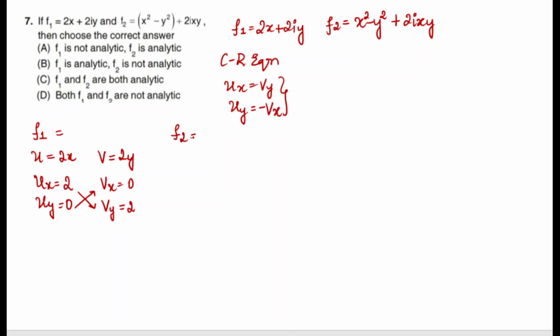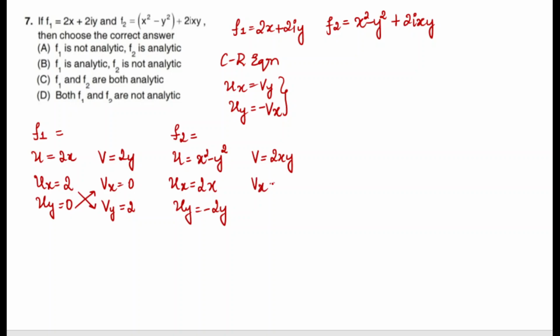Now for the f2 function, you have u equal to x square minus y square and v equal to 2xy, right? Now ux is equal to what? The differentiation of x square minus y square with respect to x, that is 2x, uy equal to minus 2y.